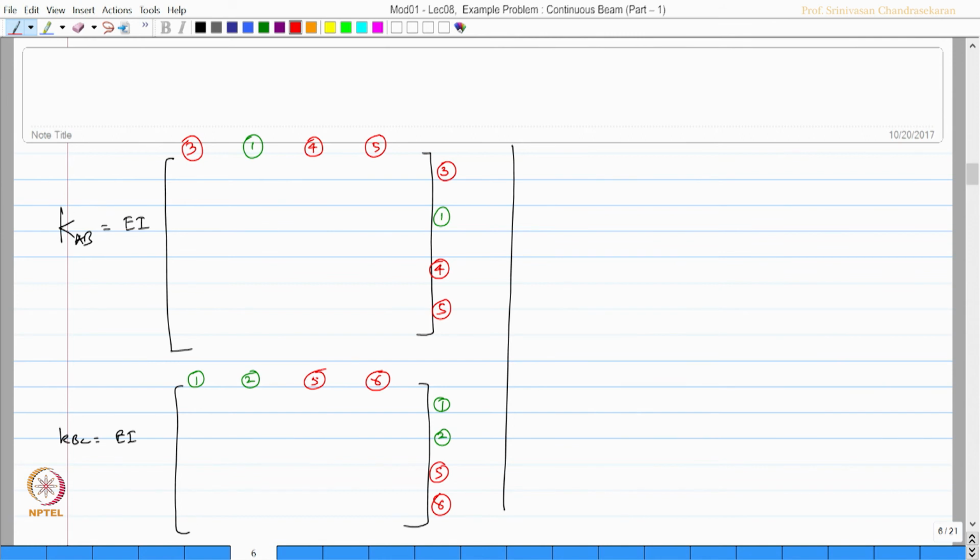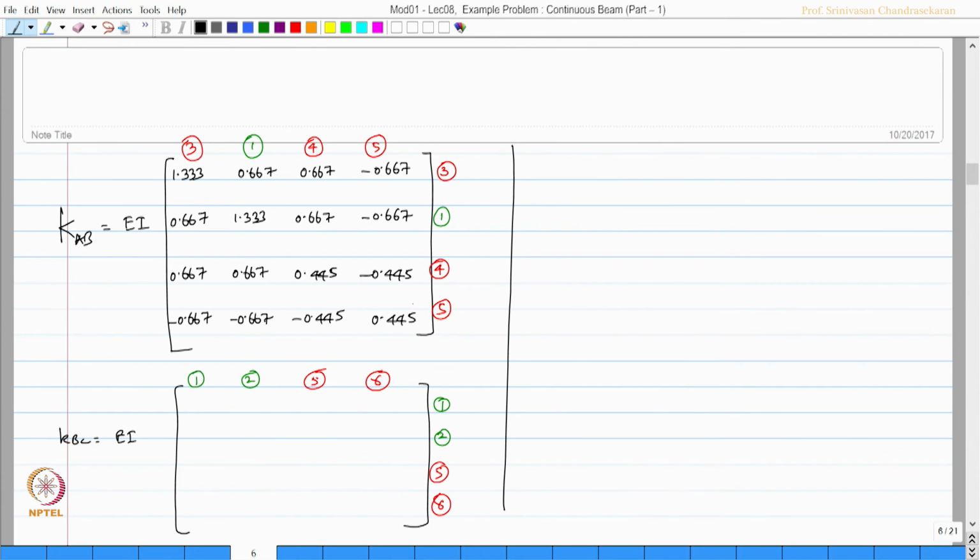Okay. So, let us write down the values. We already have the matrix here. I am just copying the matrix again for our convenience. So, that is for KAB.